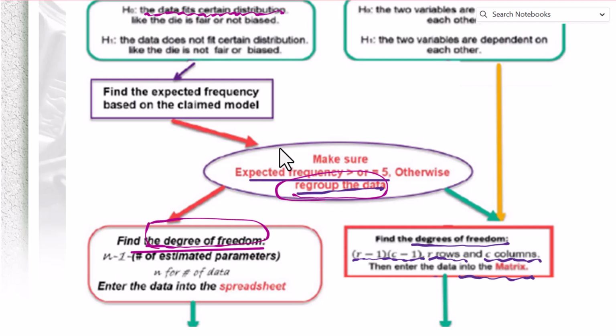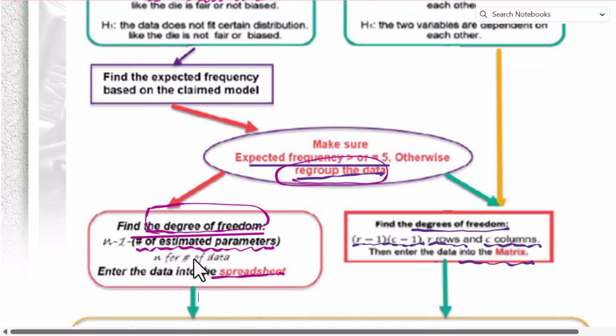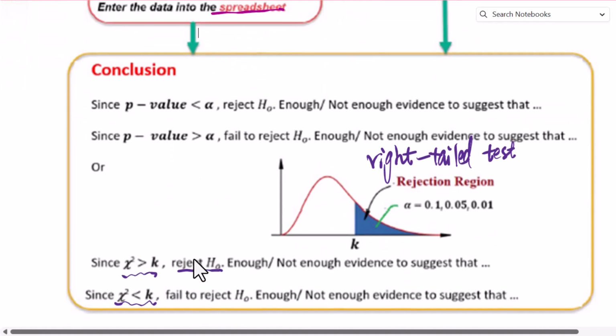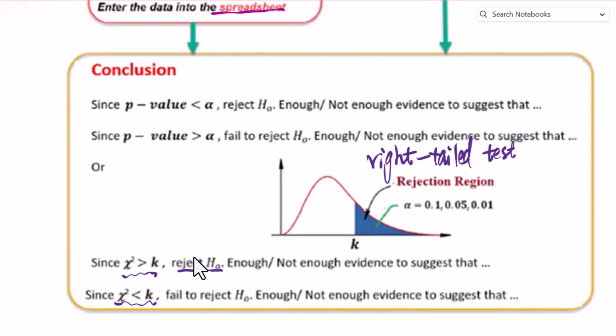It's not the number of data minus 1. You need to subtract the number of estimated parameters. Then you will enter the data into a spreadsheet to figure out the p-value or chi-squared value.